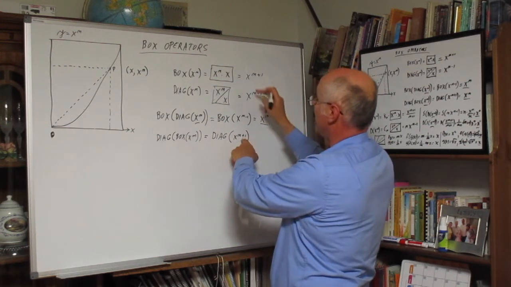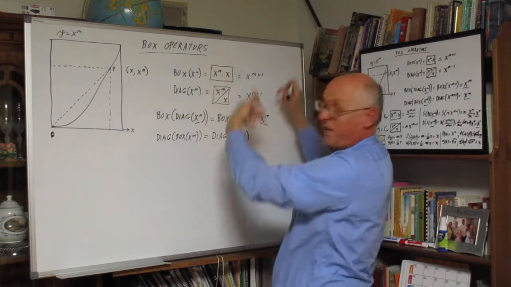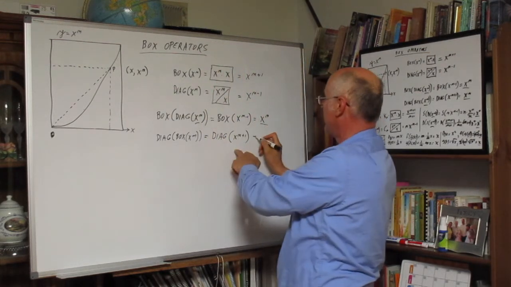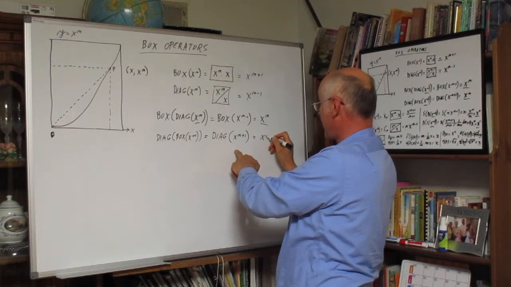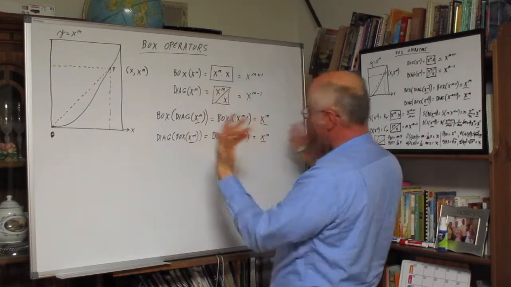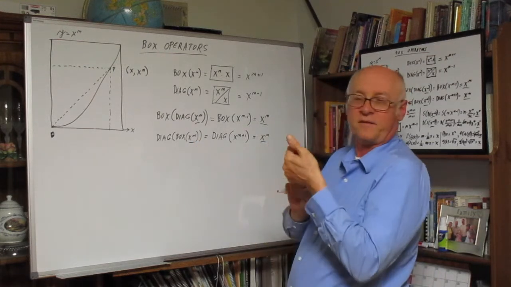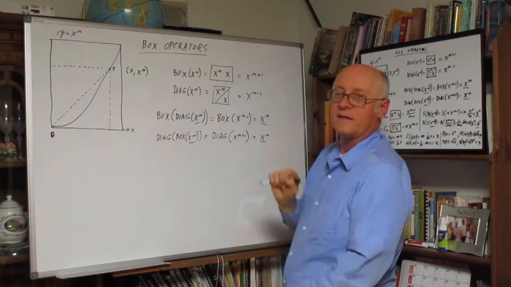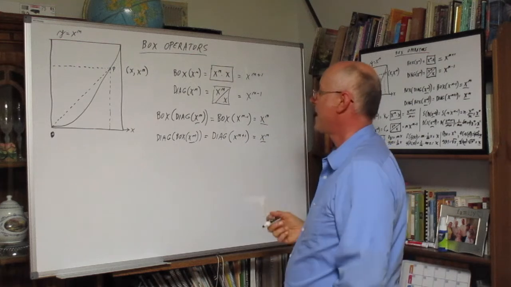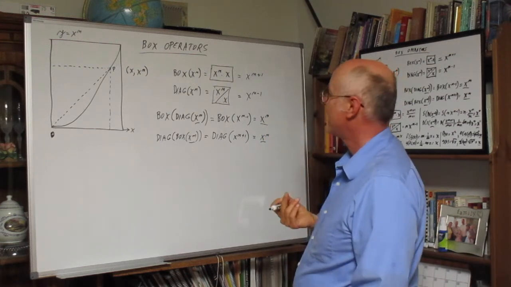See, it raised by 1 power. But now diag is going to lower it by 1 power. So that again equals x to the n. So you start out again with the same curve. So they're inverse operators. And they're similar to inverse functions.